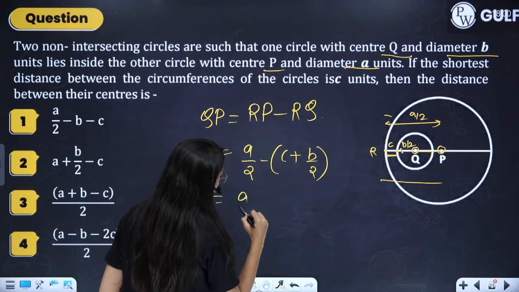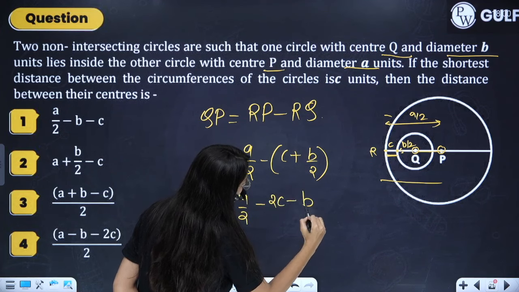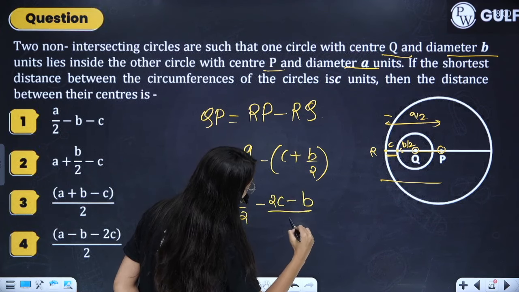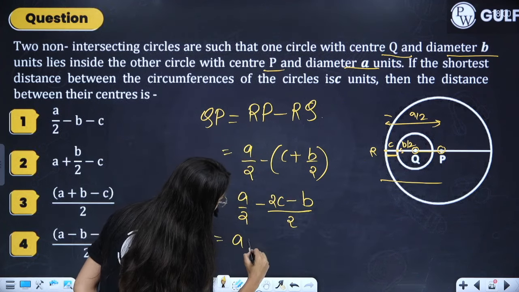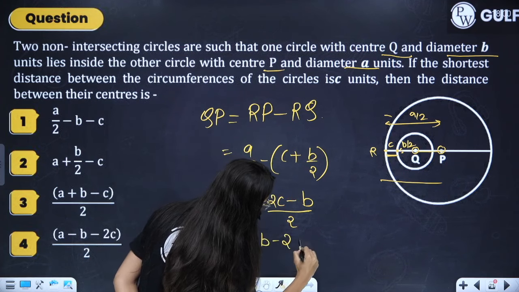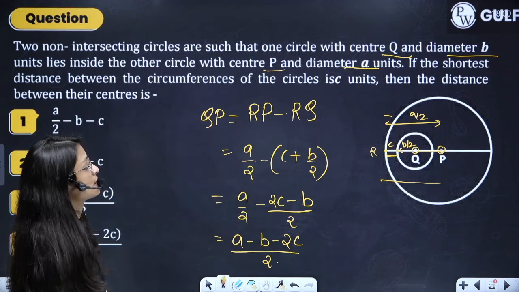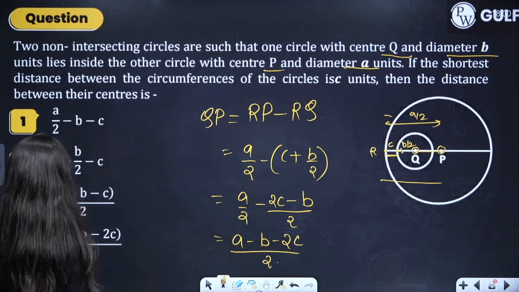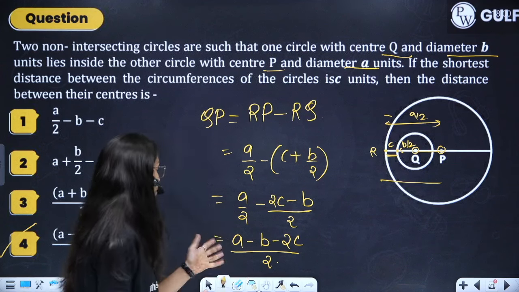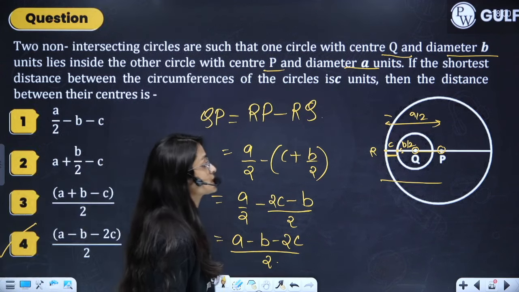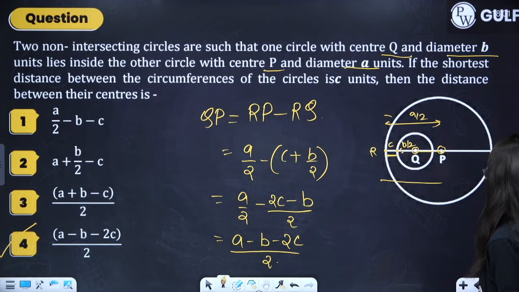Taking the LCM over here, you can see I'm getting A minus B minus 2C whole by 2, which will be the length of my QP. So here the option is D, A minus B minus 2C whole divided by 2, which is the distance between Q and P, the length of QP.